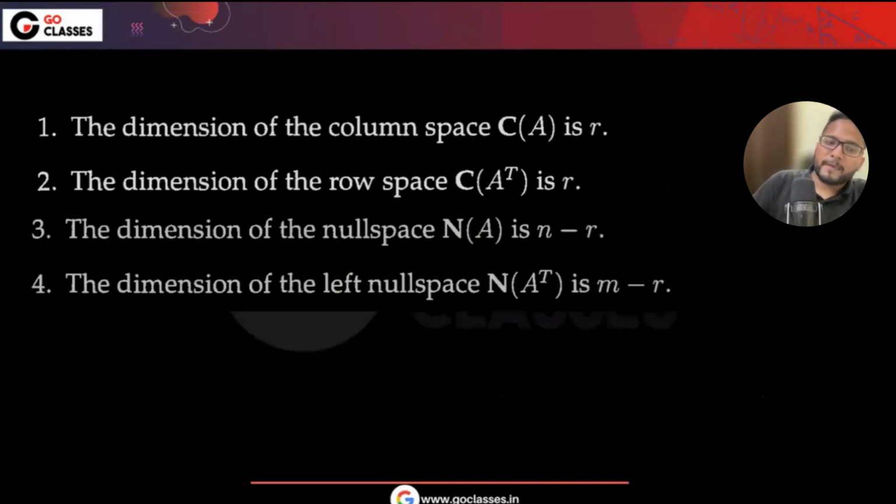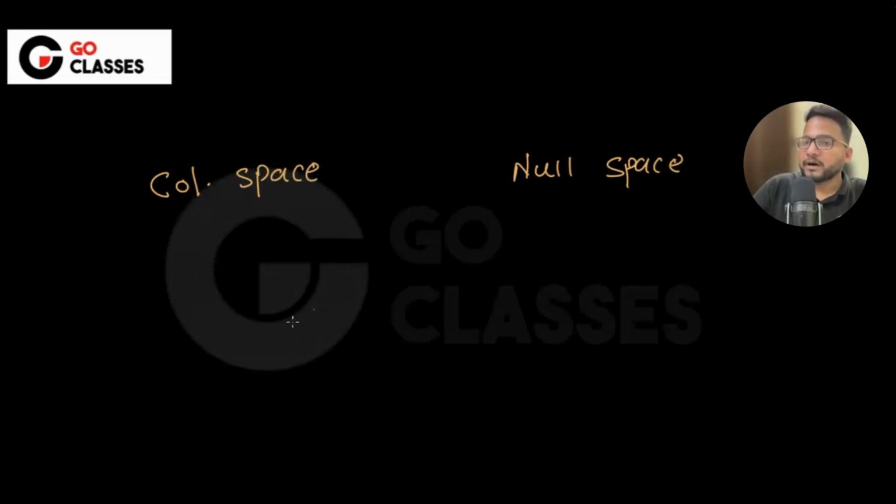So see, ideally, how many spaces are there? Only two spaces. What are those two spaces? Column space and null space, which are related by which theorem? Rank nullity theorem.